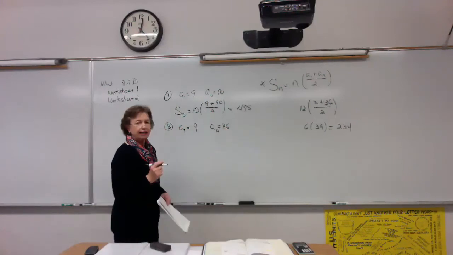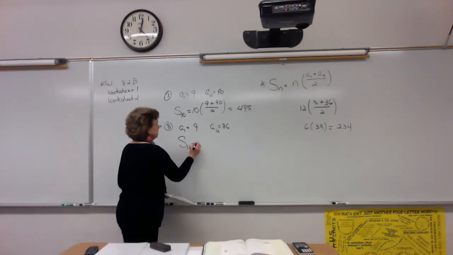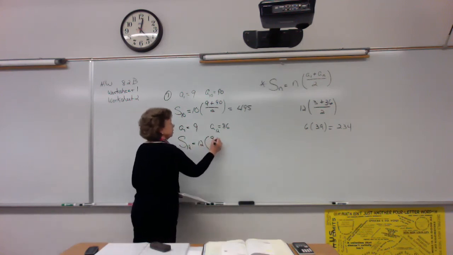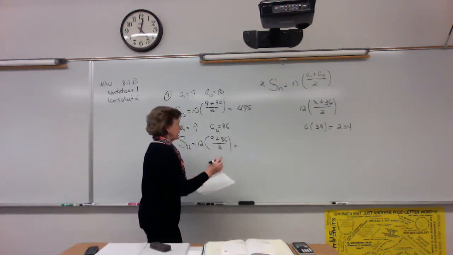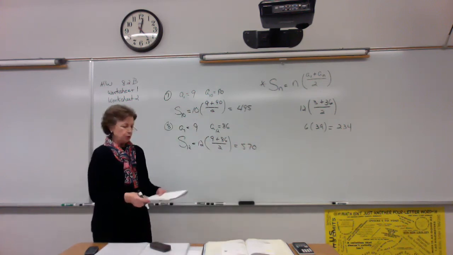At that point, we're ready to use the formula. So that sum for 12 terms is 12, because that's the number of terms, the first term plus the last term in the series divided by 2, and that equals 570. So far, so good, I hope.